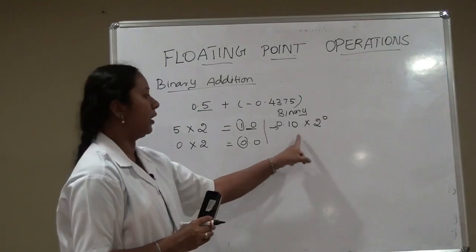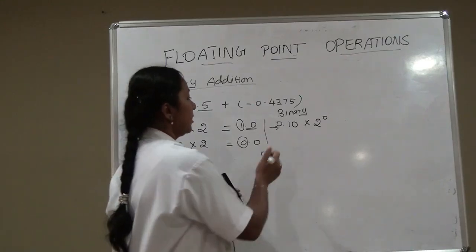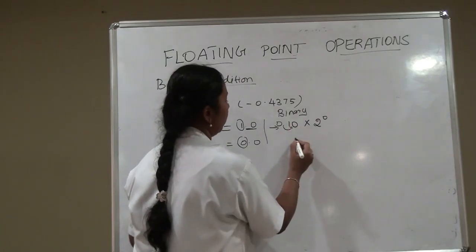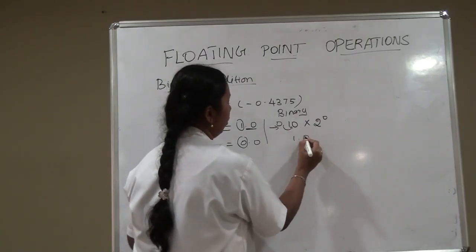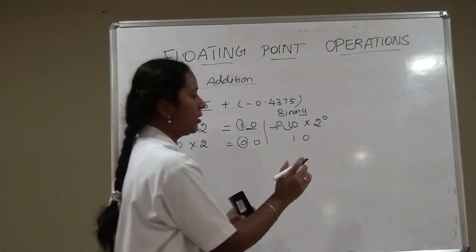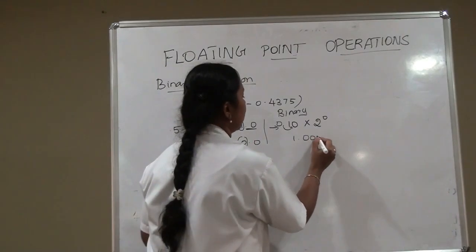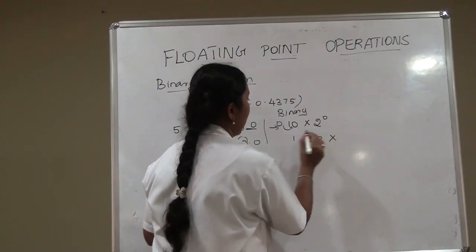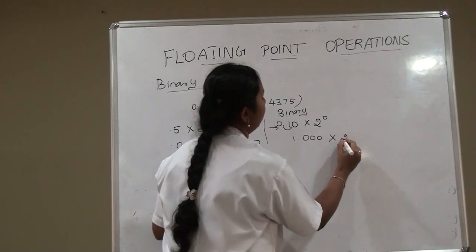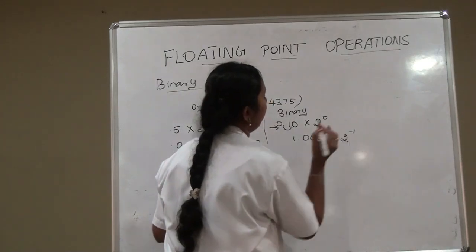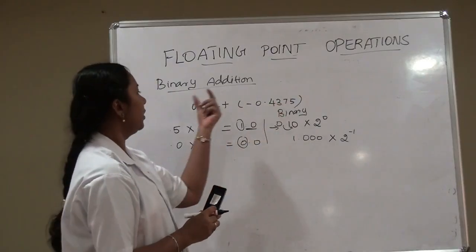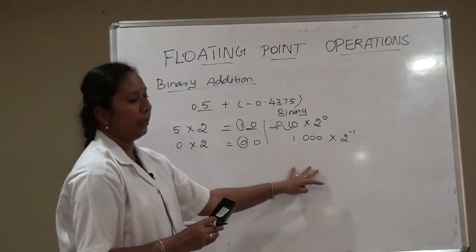So in order to make it normalized, I advance the point by one position, which gives me 1.0. After the decimal point, generally we represent 3 bits. So I can take it as 1.000 into 2 power, and as the point is moving beyond the number, my power gets subtracted by 1. So this is my final form. So I have converted one number into binary representation.